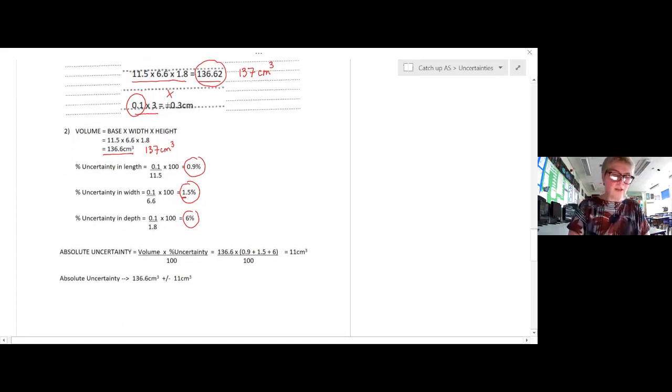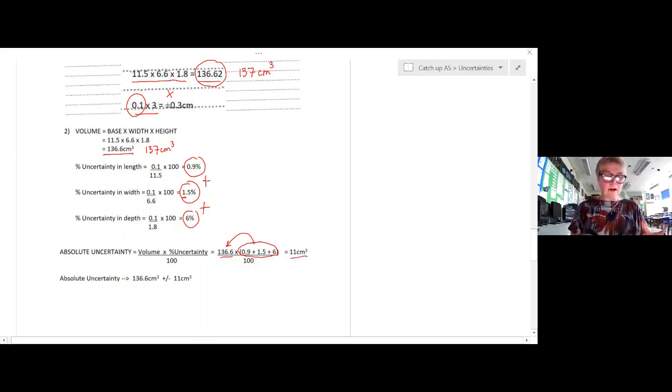So to get the percentage uncertainty in the volume, they have added up all of those percentage uncertainties. And then they have worked out what that is of their answer in real terms, so times it by their percentage uncertainty divided by 100, and they get 11.